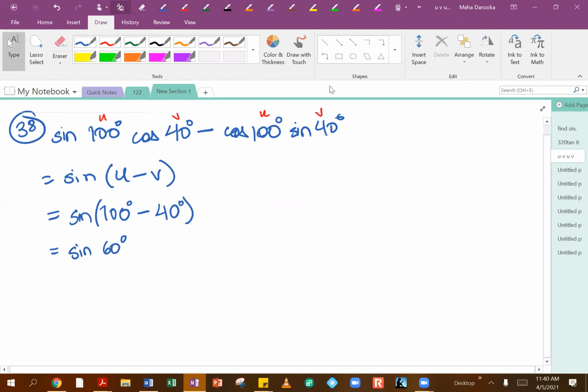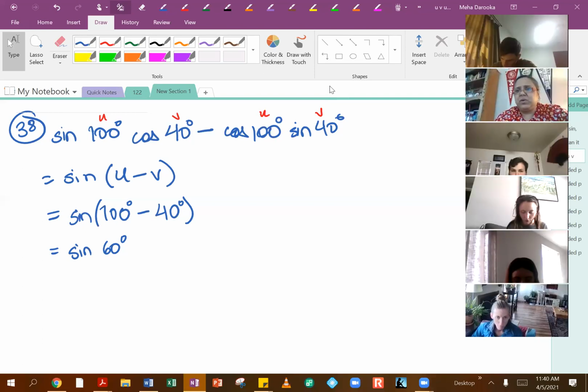Now, can we find an exact answer for sine of 60 degrees, or will we end up getting a decimal answer for sine of 60? What do you guys think we will end up with sine of 60 as? Is this one of the angles that falls on the unit circle?